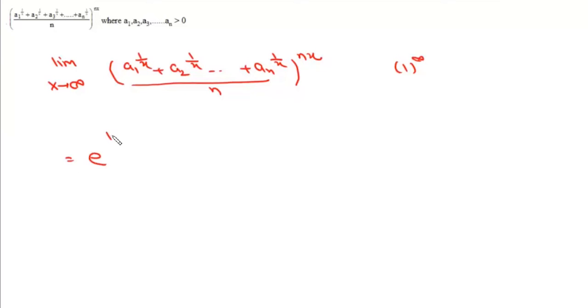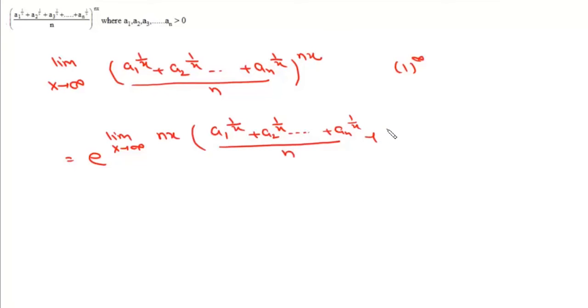Now we can write this as e to the power limit x tends to infinity nx into ((a1 to the power 1/x plus a2 to the power 1/x up to an to the power 1/x) whole divided by n, and then minus 1).